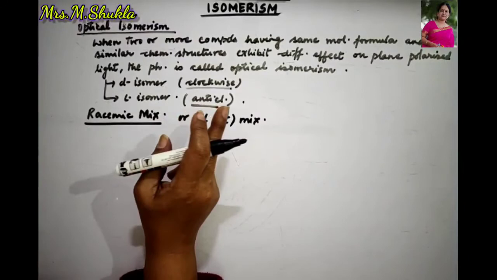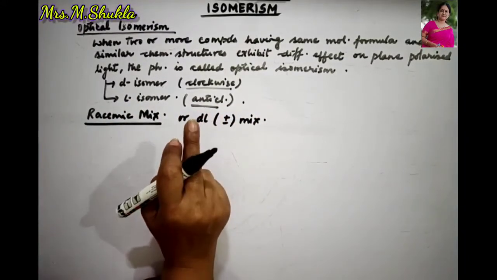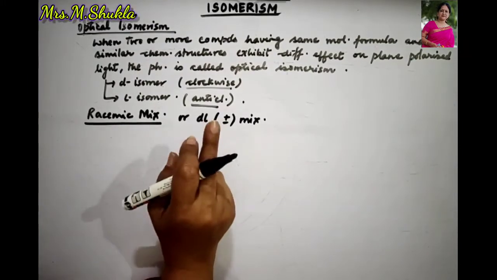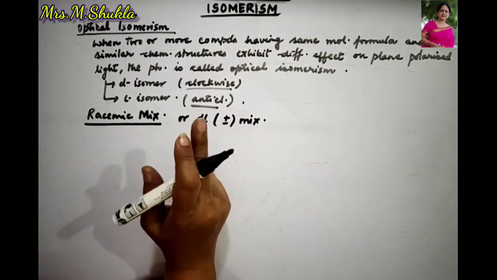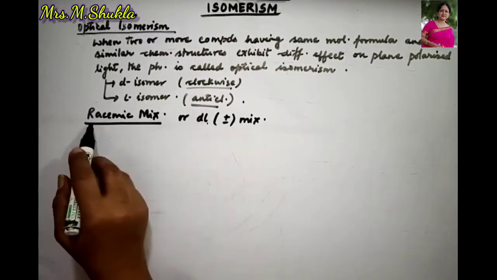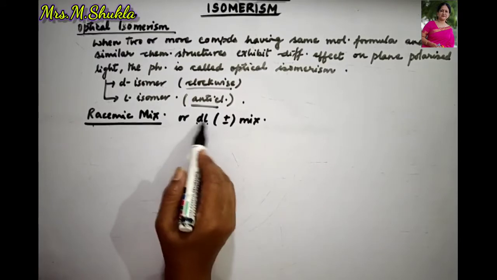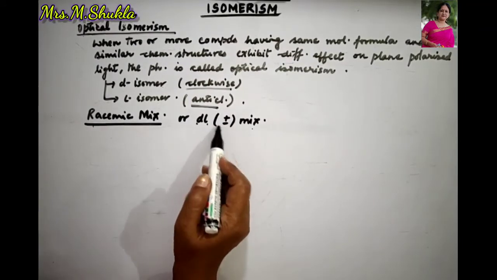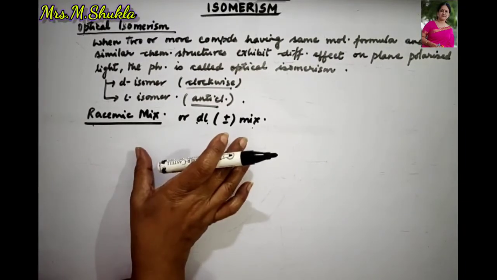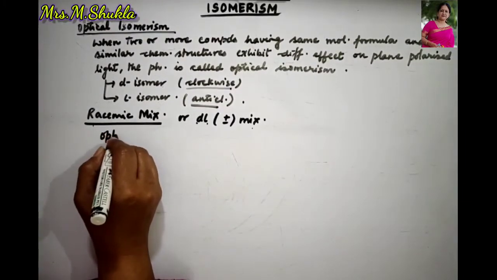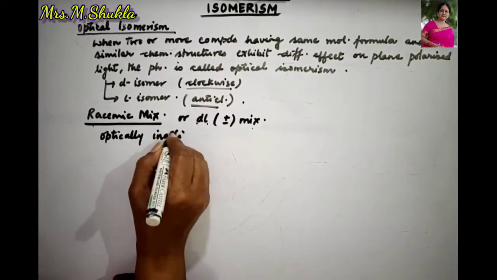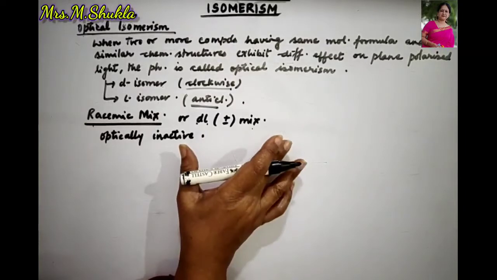When the mixture contains equal amounts of dextro and levo isomers of a substance, then it is termed a racemic mixture or DL mixture, which is also denoted by plus minus, right? It is optically inactive.